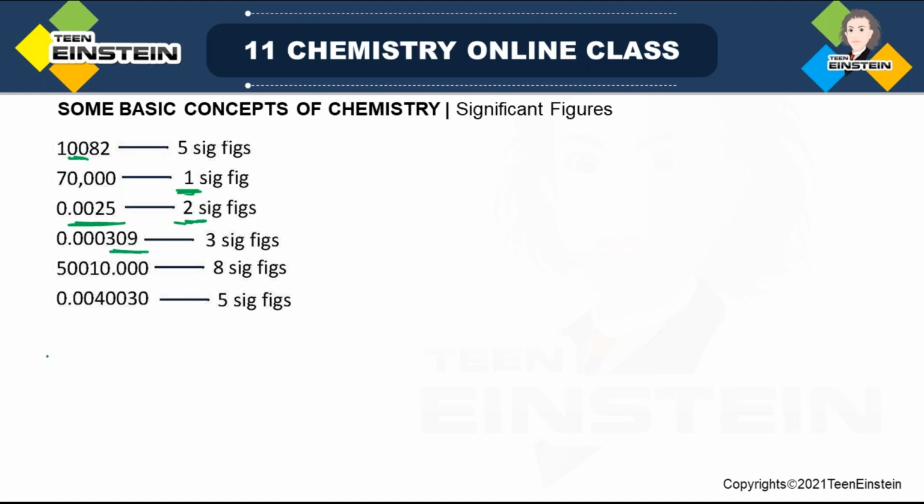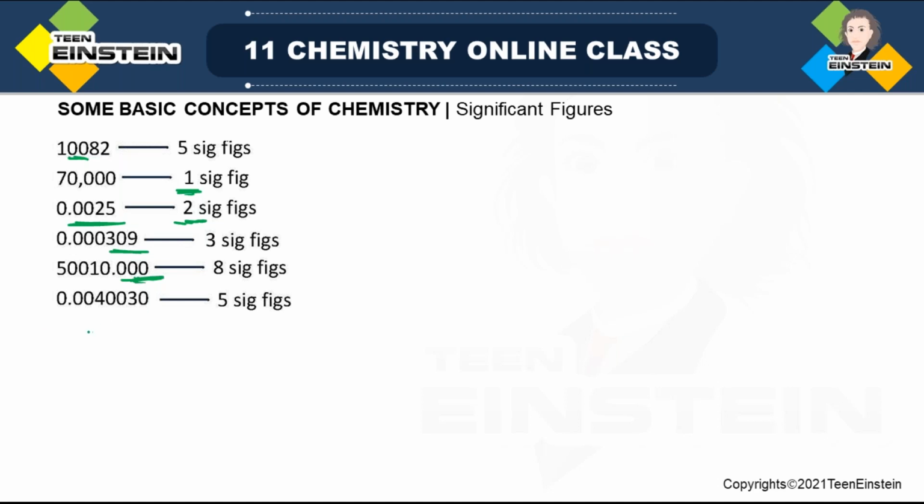Come to the next one. Here we have 50010 decimal and then 3 zeros. So these 3 zeros are now significant because they are coming after the decimal and also on the right-hand side of this number 50010. So all these numbers are considered significant, so it is 8.